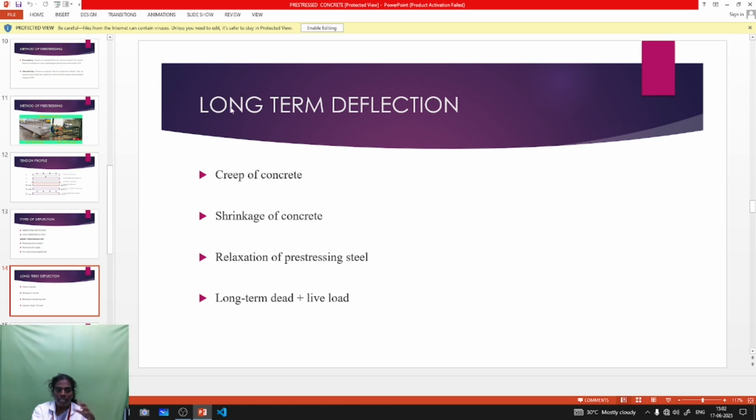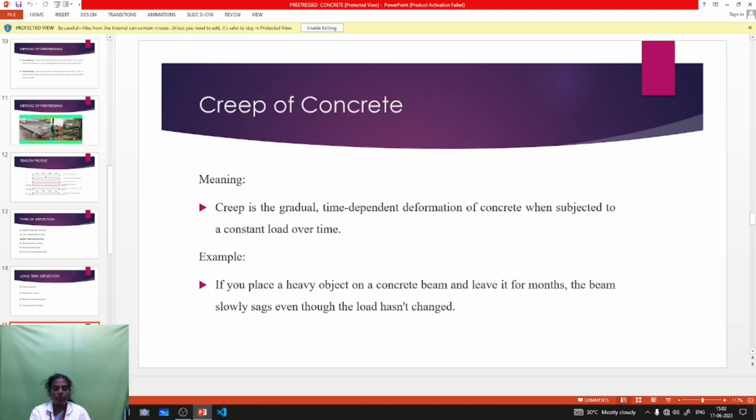Long term deflection means after a few months or after 1 year the beam structure or frame structure has cracks, normally due to creep of concrete, shrinkage of concrete, relaxation of steel and long term dead plus live load.